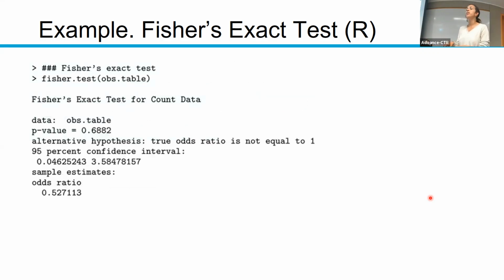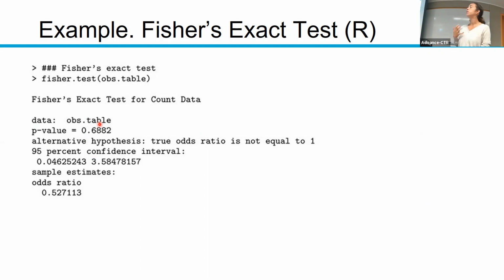So in R, once you get this warning message and you discover that it's because you don't have enough of an expected count for some of the cells, you might go through and conduct Fisher's exact test. Fisher's exact test does have a huge formula that can help us quantify how to get this p-value, but it's a very, very complicated formula and it relies on some distributions that we haven't discussed here.